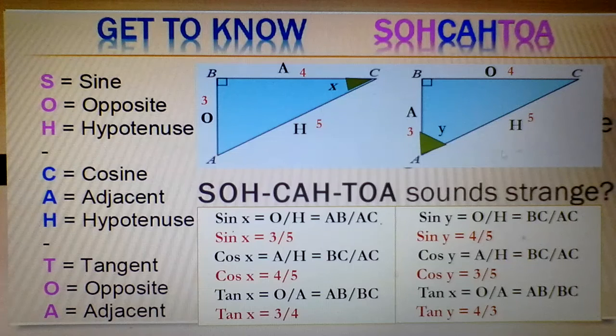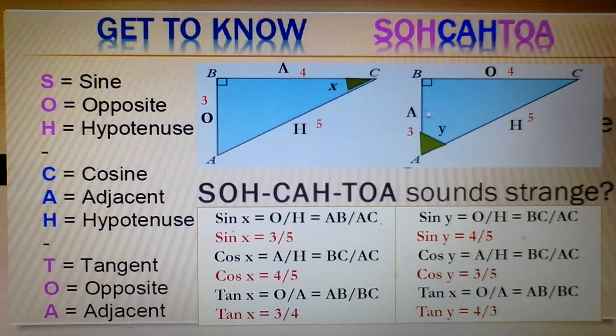So you refer to triangle ABC also, but we use angle Y now. For angle Y, BC will become opposite, AB will become adjacent, and AC is still hypotenuse. So what we get from here: sine Y, soh, opposite divided by hypotenuse, so 4 divided by 5.